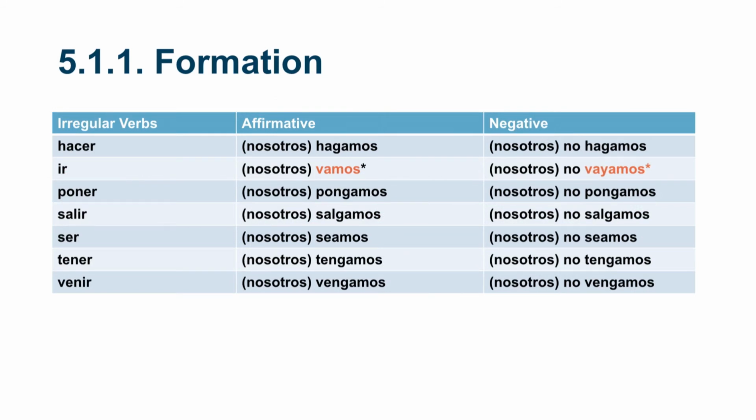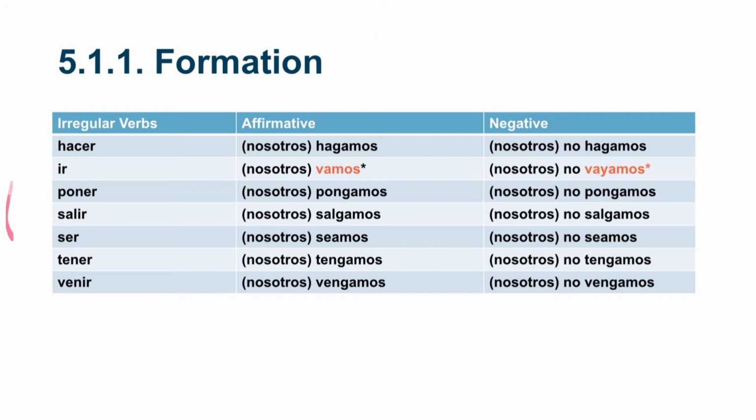And then we have irregular verbs in the command forms. The most common ones are hacer, ir. Let's see how they work. Hacer, hagamos, no hagamos. Poner, pongamos, no pongamos. I want you to pay attention to ir.